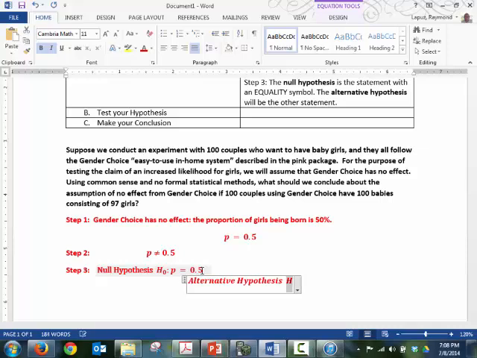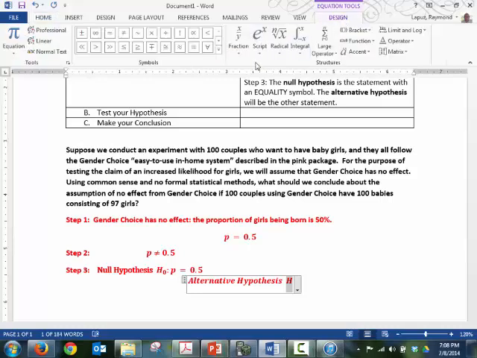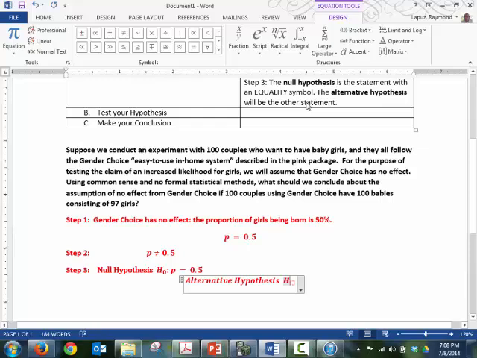And this one will be labeled H. Well, in some places they have H sub A for alternative, but in our book we have H sub 1. So for our case we're going to label it H sub 1.